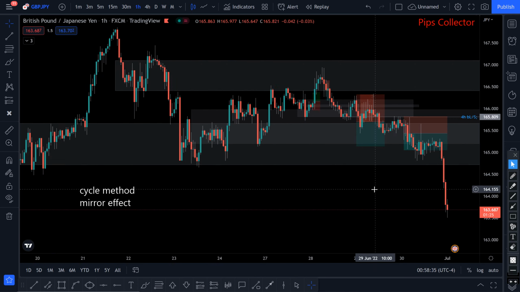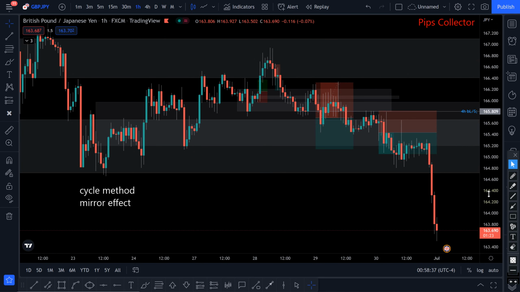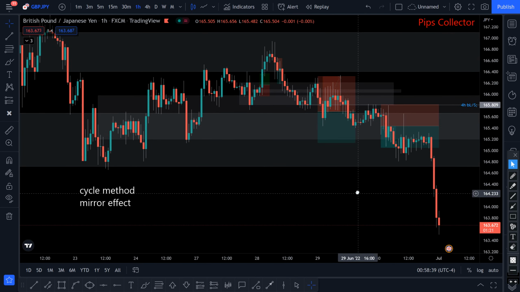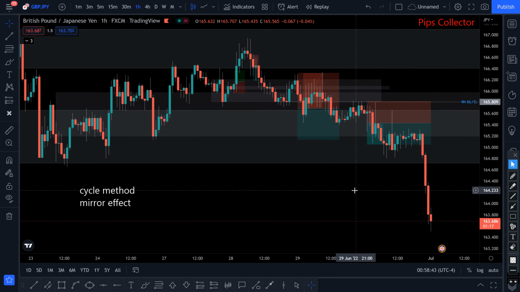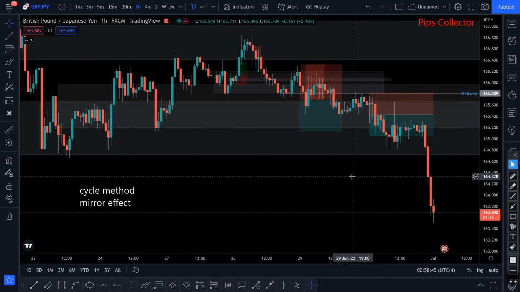Now, after I've discussed the cycle method, let us look at the mirror effect. The mirror effect is just like an extension of the cycle method. What do I mean? The mirror effect can appear like a cycle method, but is a mirror effect.